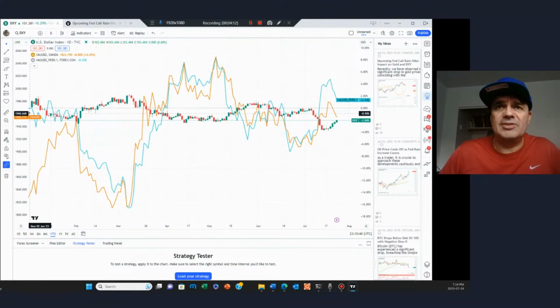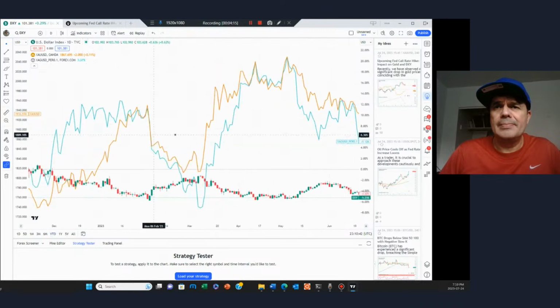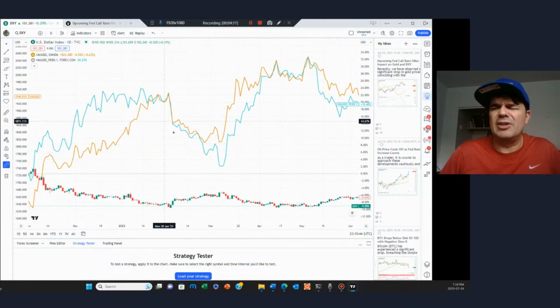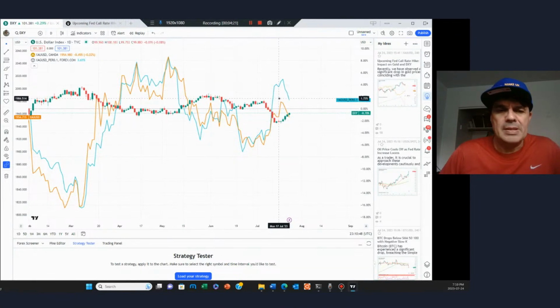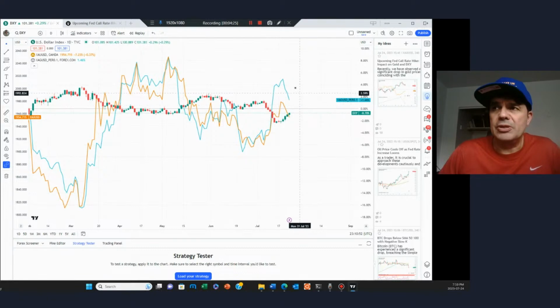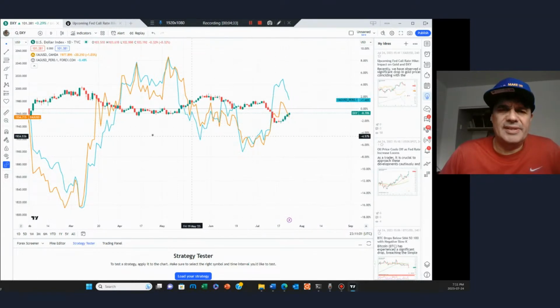You can see along here that silver has outperformed. That's because of industrial use. So as more calls for industrial use on silver come in, you can expect silver to probably outperform gold, but they're working together in this relationship. Okay, so that's the DXY.